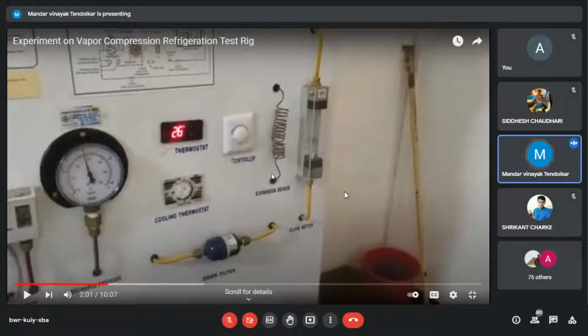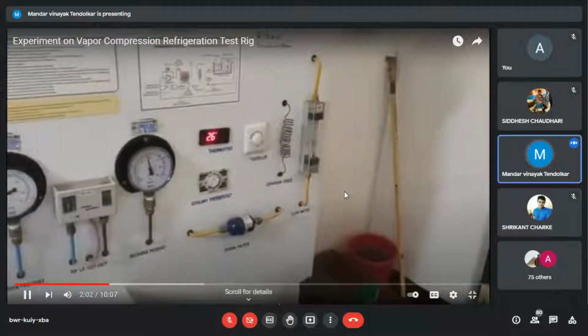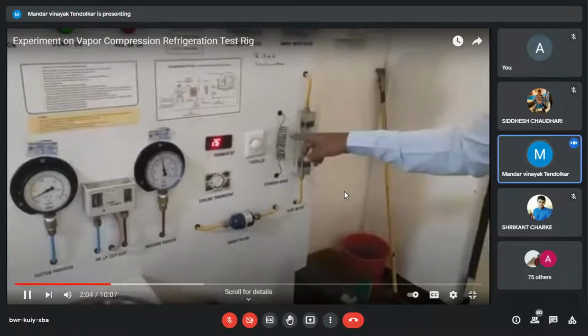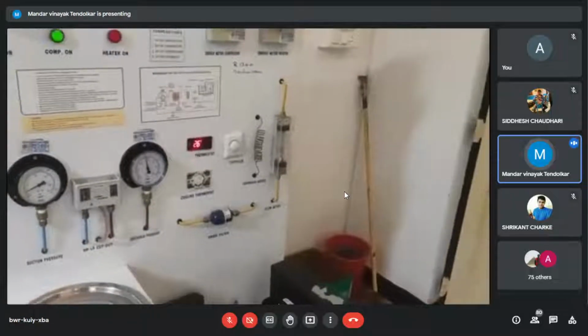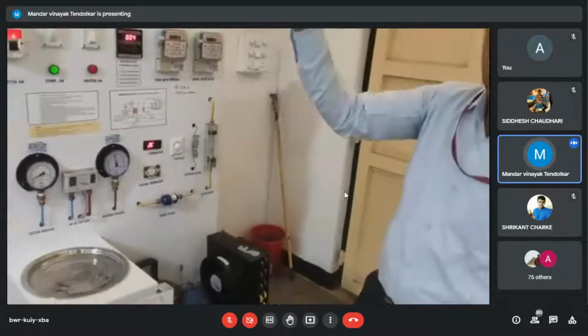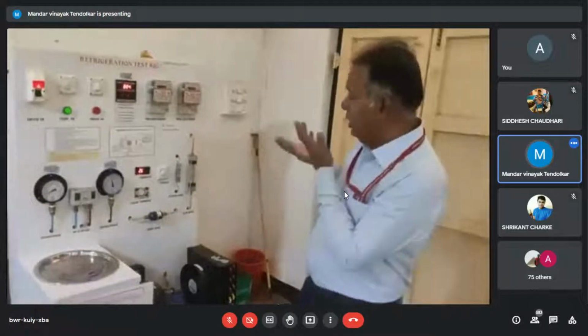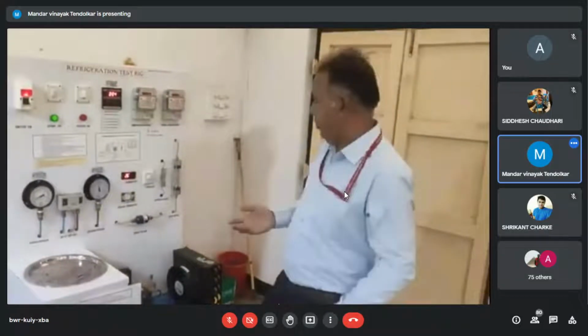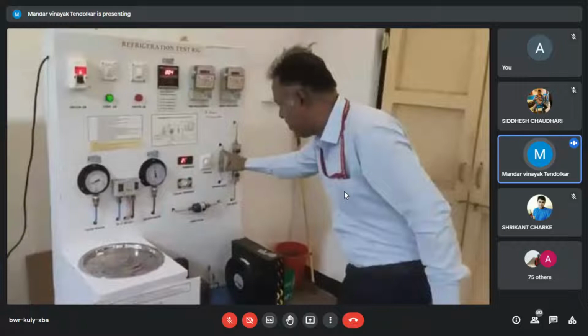Ours is like this, simple copper capillary, as found in domestic refrigerators. This expansion device helps us reduce the pressure from the discharge pressure, that is the condenser pressure, down to the suction pressure, which is the evaporator pressure. So this is the expansion device.